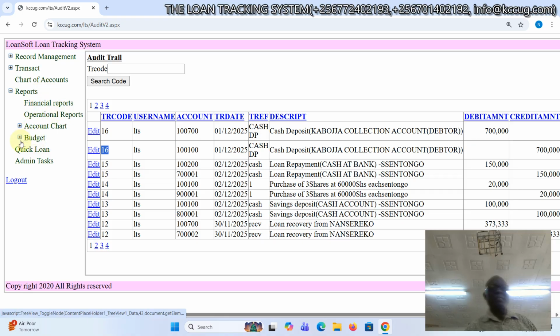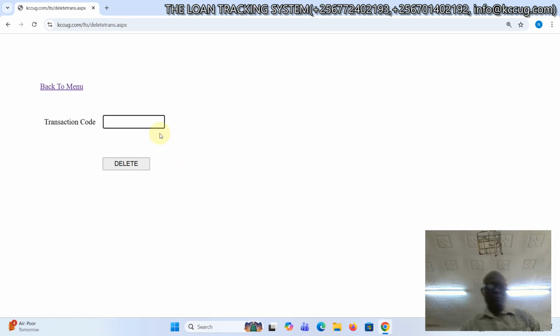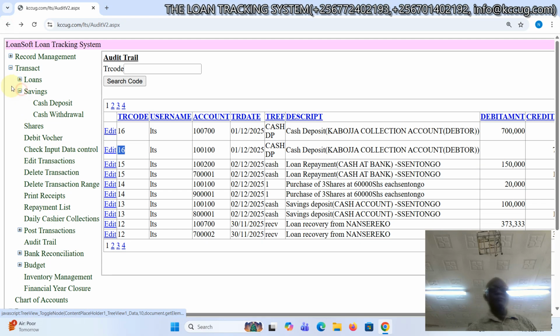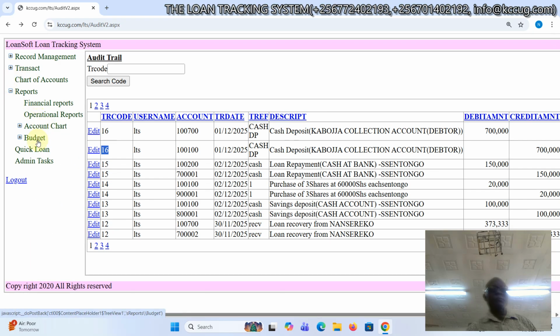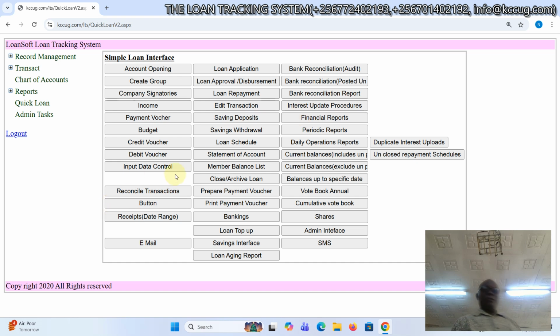It's like a data repaying. Click loan. Loan here.